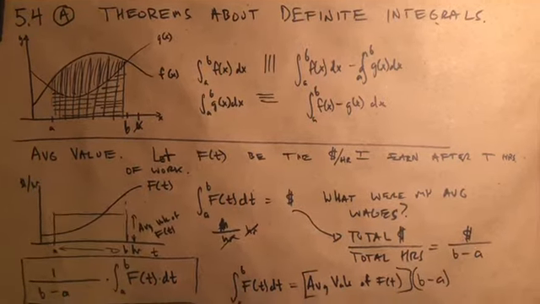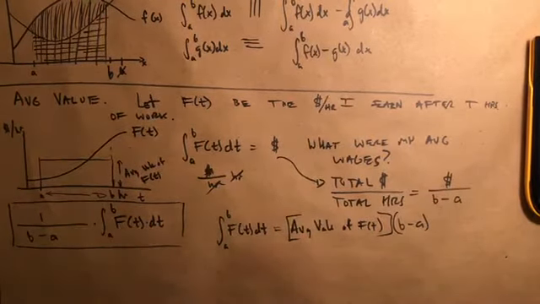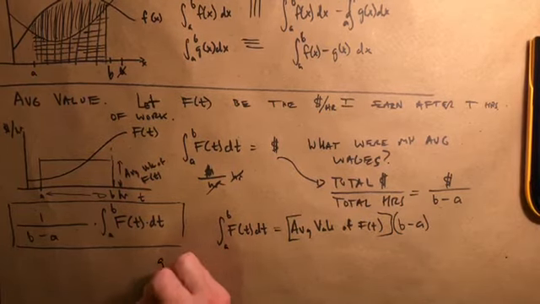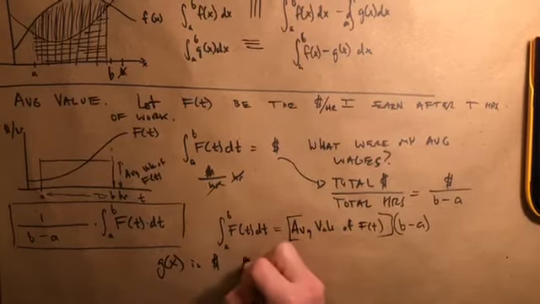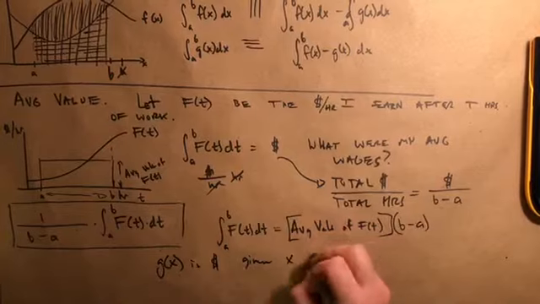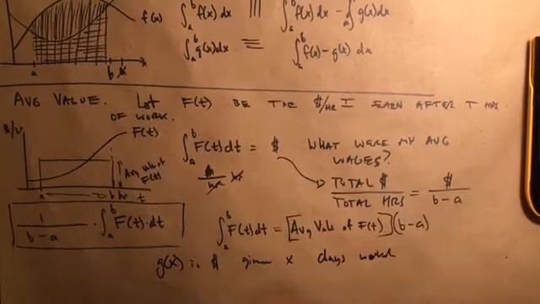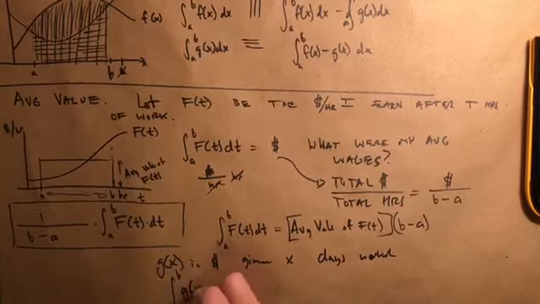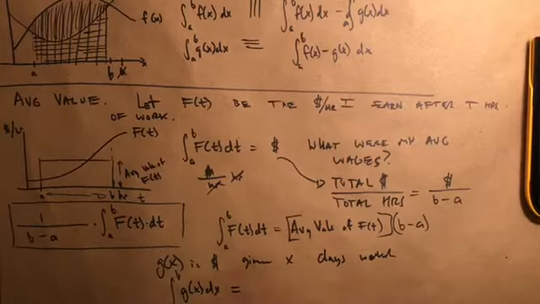The only thing that I want to say lastly is that this is going to work for whatever the units of my function are. If g of x, if the output is dollars, given x days worked, the integral from a to b of g of x dx, unfortunately, is going to have some really lousy units, right? It's going to be dollars times days.